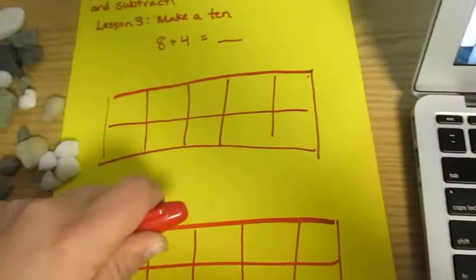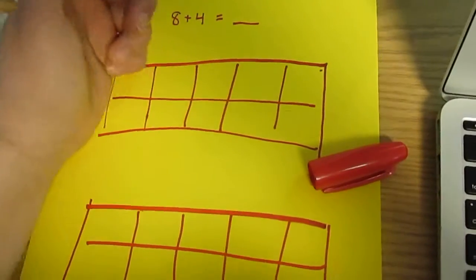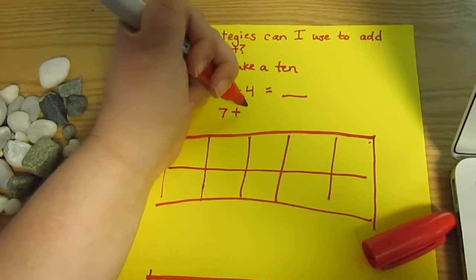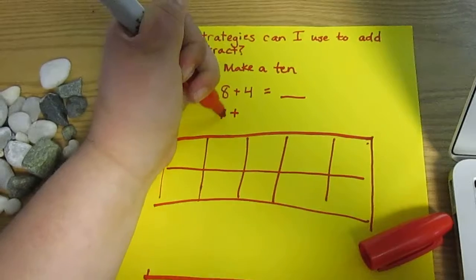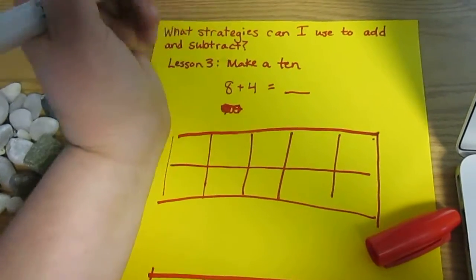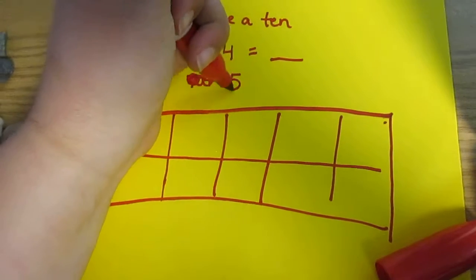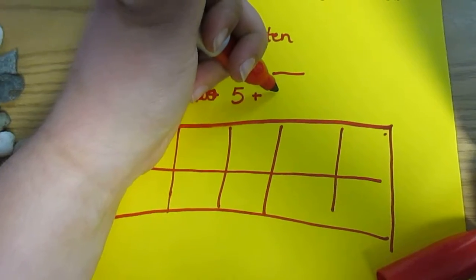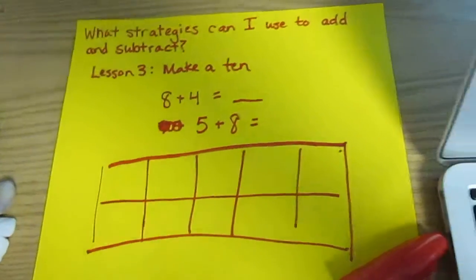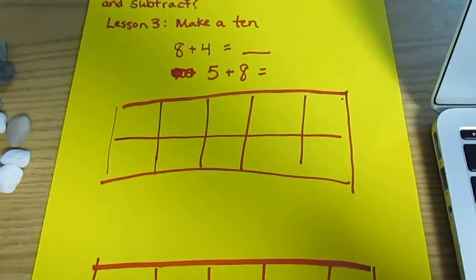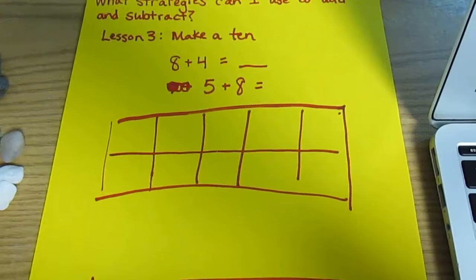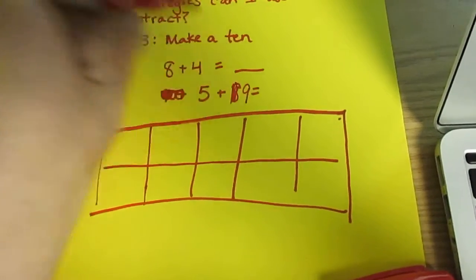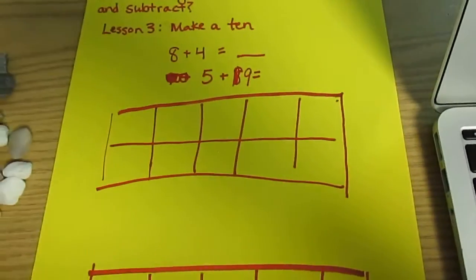So now I'm going to look at the number sentence 5 plus 9.